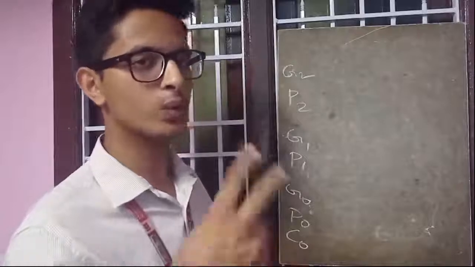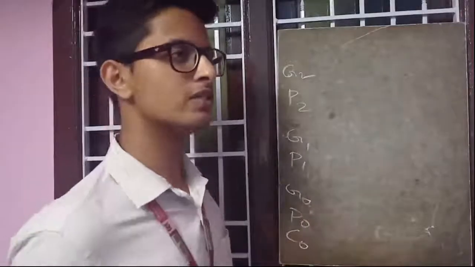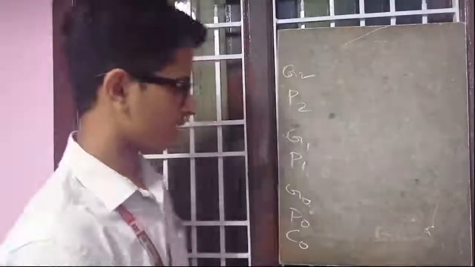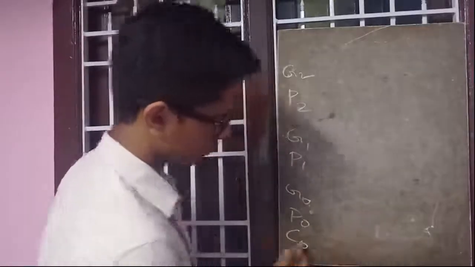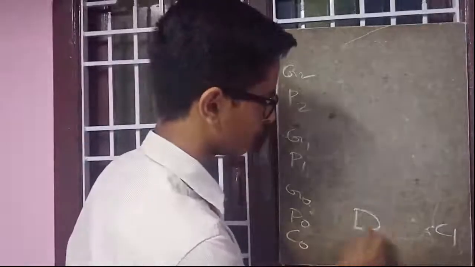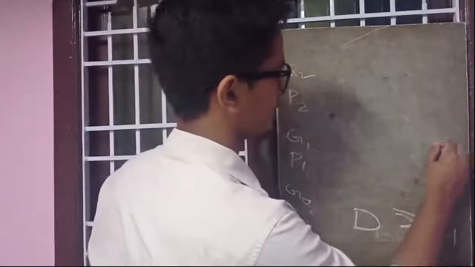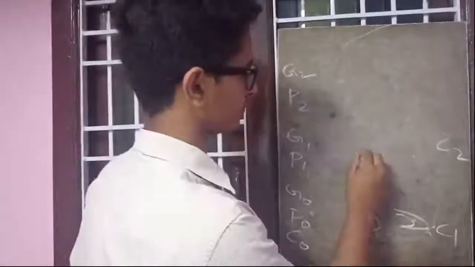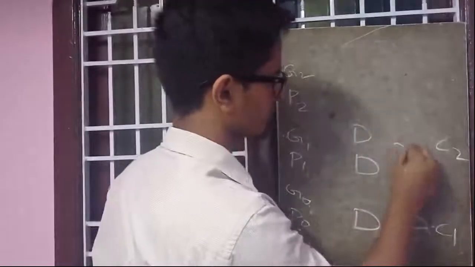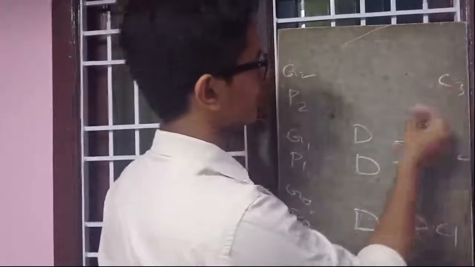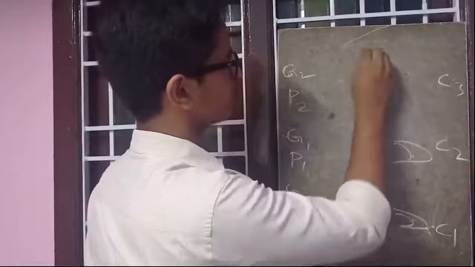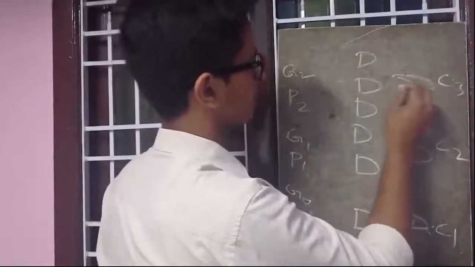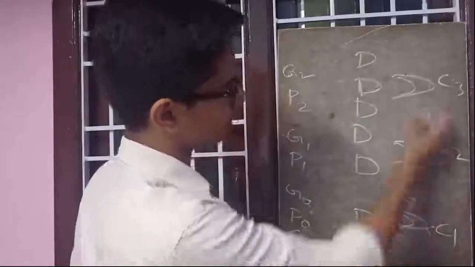For C2 we require two AND gates and one OR gate. And for C3 we require three AND gates and one OR gate. So let us apply this here. These are AND gates, these are OR gates.